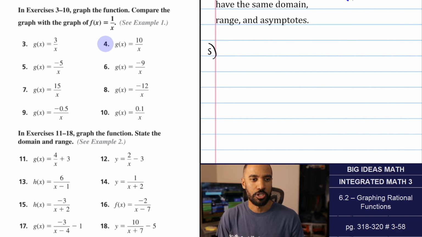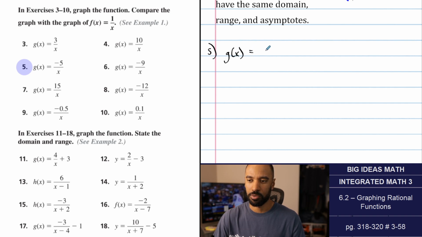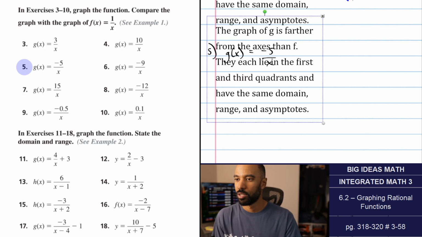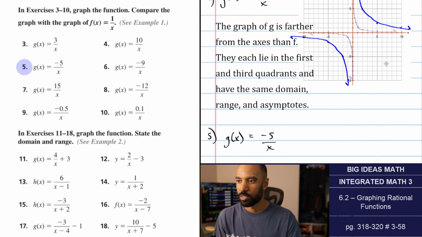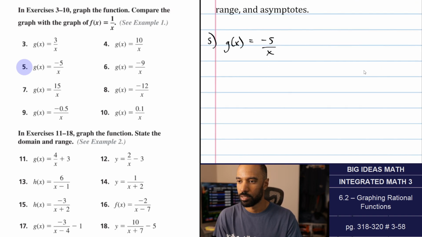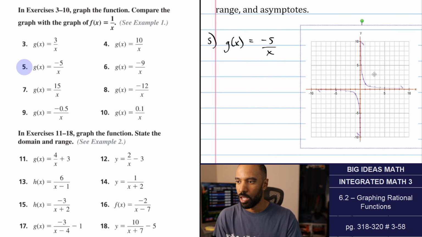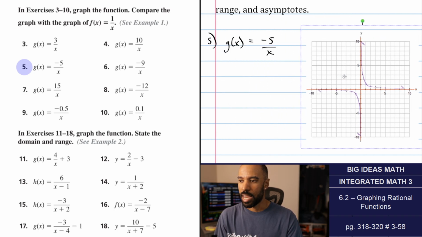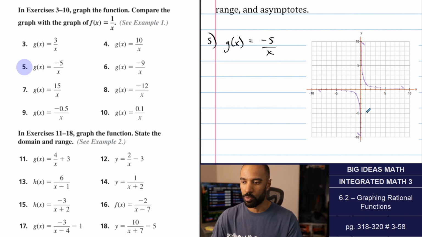All right, number 5, g of x equals -5 over x. Sometimes you have some numbers that don't divide great, and you know, you do what you do. -5 over x. There we go. All right, so -5 divided by 1 is -5. So now this is going in this quadrant here. -5 divided by 2 is -2.5.